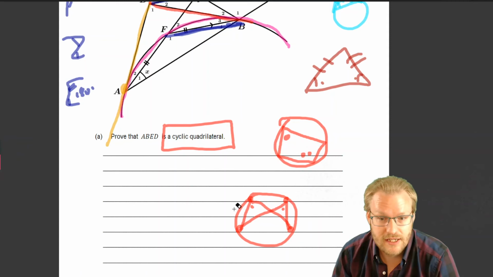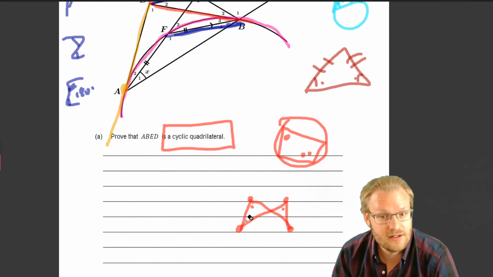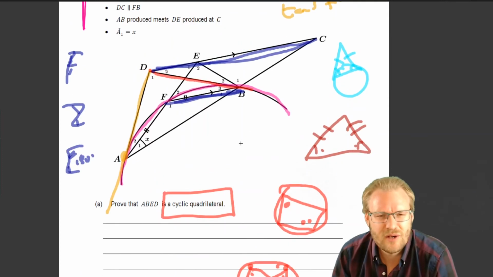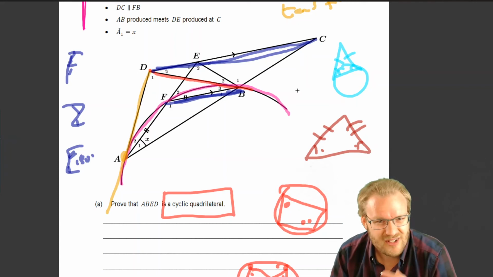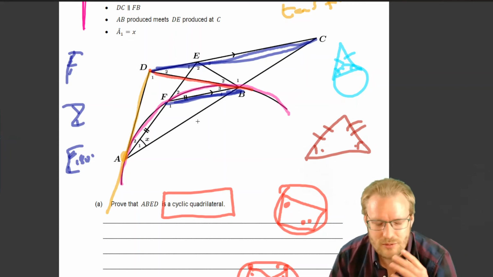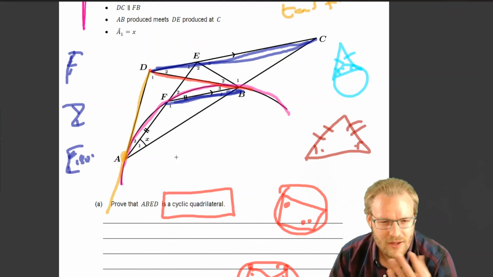And conversely, if you can show angles in same segment, then it must be a cyclic quad. So these are the types of things that we need to prove. I don't know which one we're going to use because it might not be immediately obvious. But to get into the question, we've kind of got a sense of what's going on. We've got a whole lot of things that we could probably use.